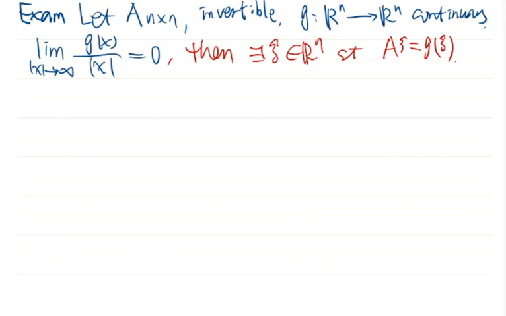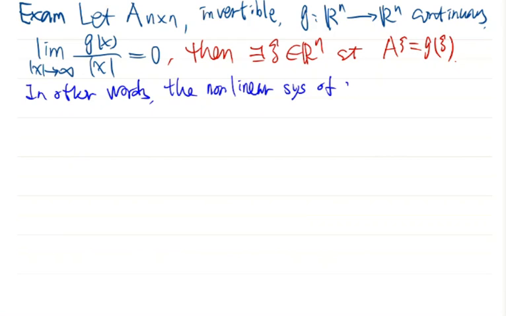In other words, the nonlinear system of algebraic equations Ax equals G(x) is solvable. So this is a very interesting result.